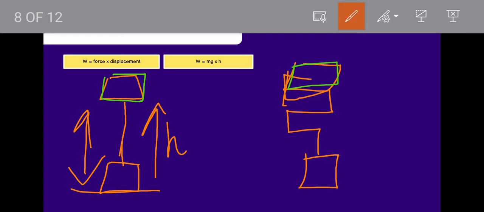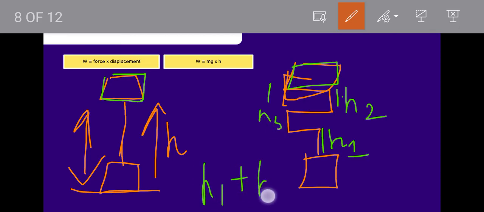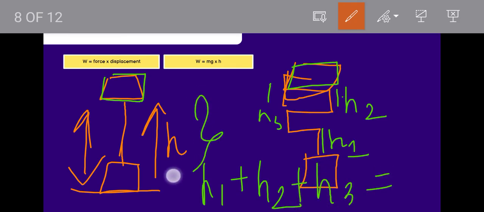Why? Because you can see that height is involved, means this is h1 let's say, and this is h2 and this is h3. So in this case we can see h1 plus h2 plus h3 is equal to the total height, which is h.